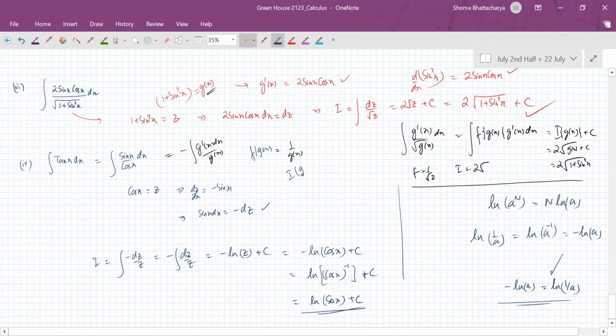So I of gx will become ln of gx plus c. So that's how it is ln of cos x. But there's the extra minus sign because of this. So that extra minus sign here will give you actually minus of ln cos x plus c. Got it now? Okay, sir. Yes, sir.